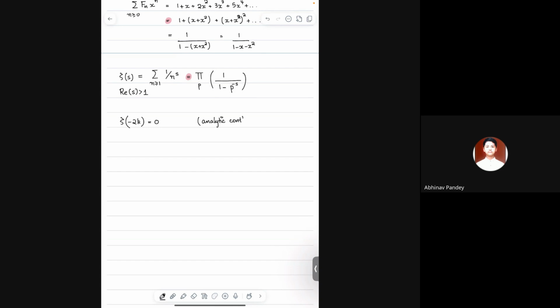This is not the audience to talk about analytic continuation, but you can make sense of it. This is always 0. And what the Riemann hypothesis tries to answer is, where are the other zeros of this function? For what other values of s will zeta take the value 0?